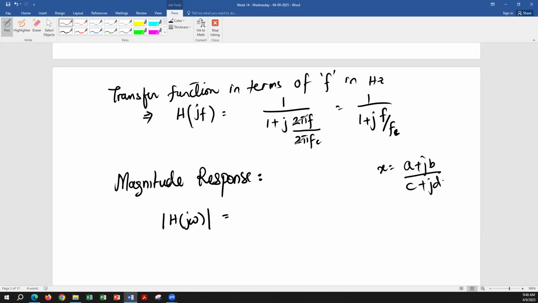Okay, thank you, so you have the answer. The magnitude of that is going to be simply the magnitude of the numerator divided by the magnitude of the denominator. How do you calculate the magnitude of the numerator? Square root of a square plus b square, and the same goes for the denominator.